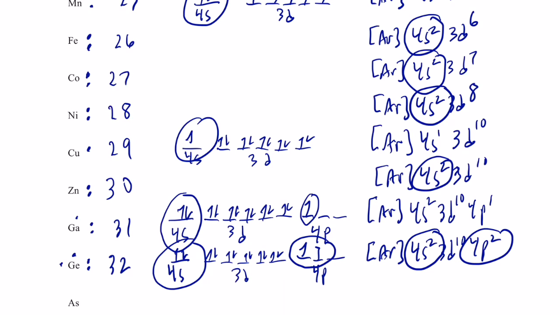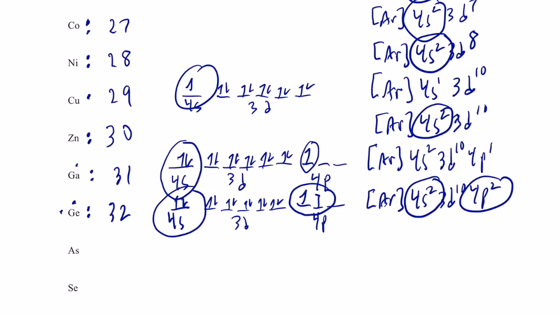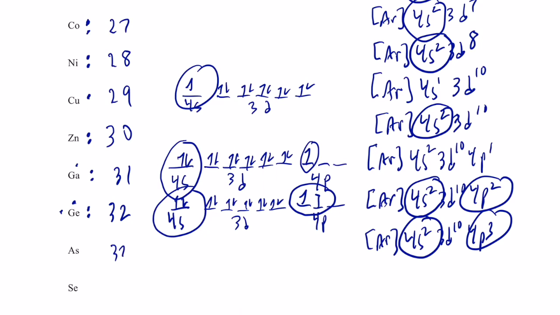Okay? Alright, arsenic ends with argon, 4s2, 3d10, 4p3, so my valence is 4s2, 4p3. So with 33 electrons I would have a pair in my 4s, and these 3 in my p would be by themselves.